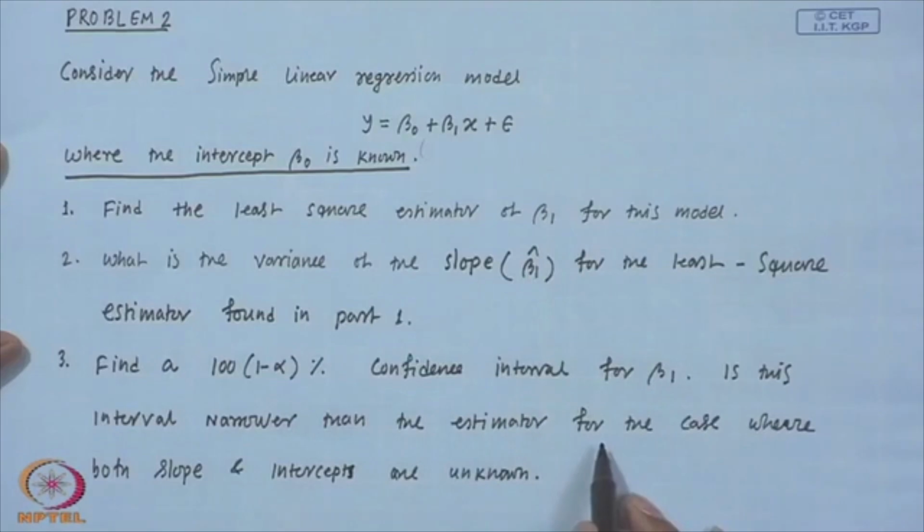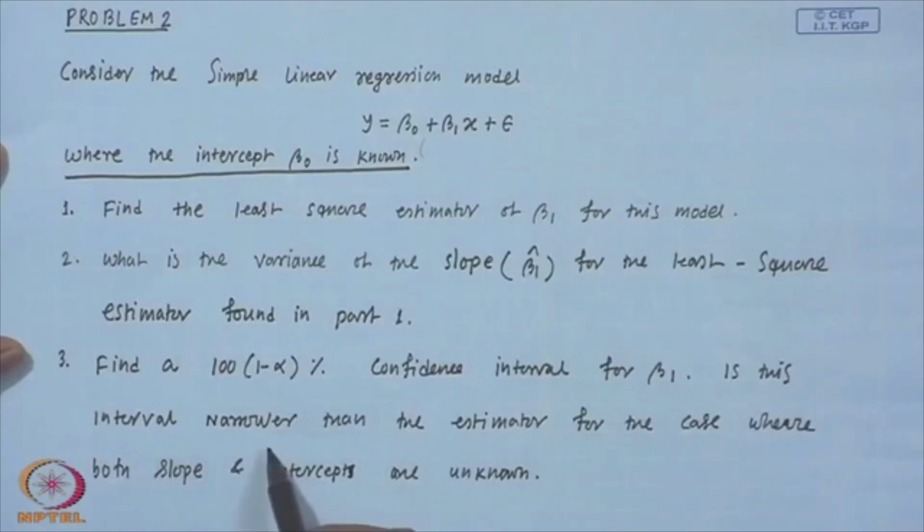And the final problem is to find the confidence interval for beta 1, and is this interval narrower than the estimator for the case where both slope and intercept are unknown?